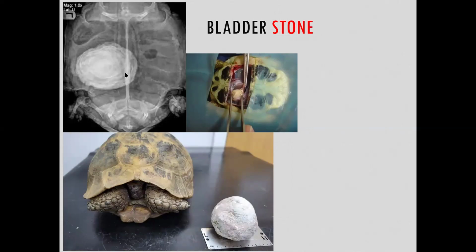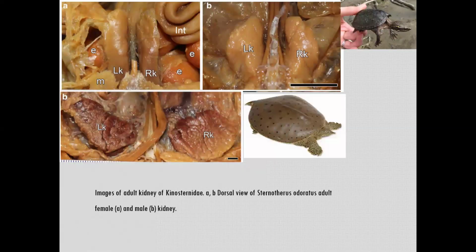It can happen at any age and any body size, especially in sulcata. But it's not too common in freshwater turtle, but it's very common in tortoise or land turtle.